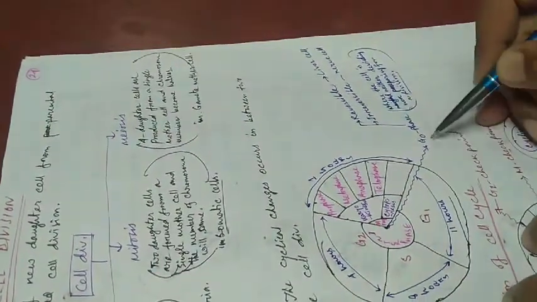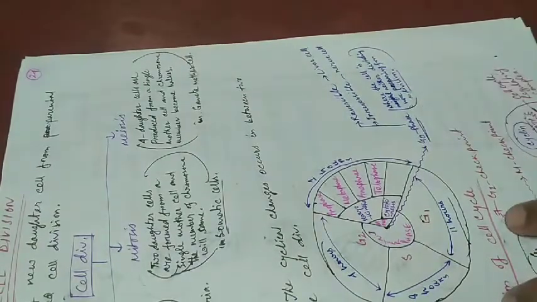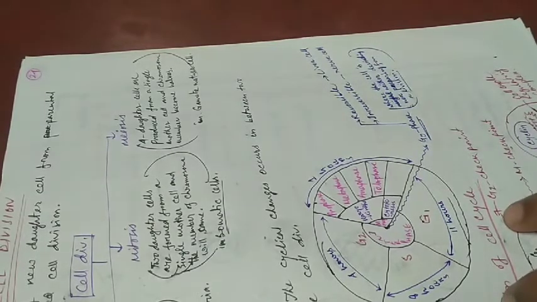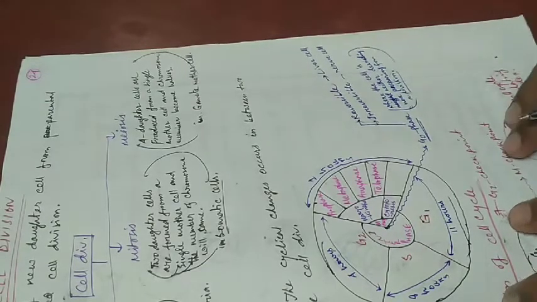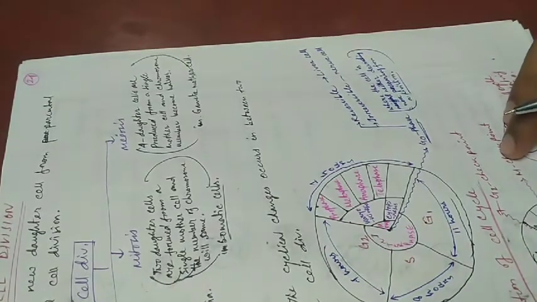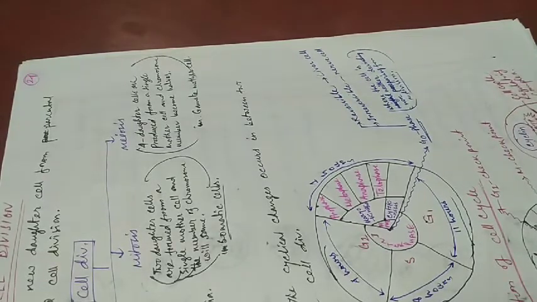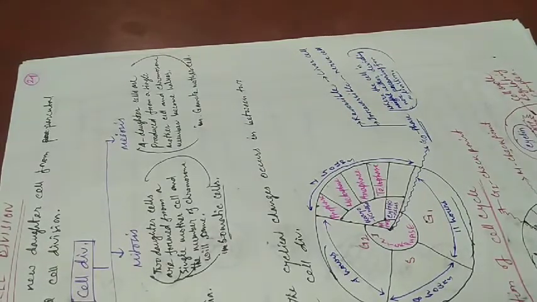Then the G0 phase. What is the G0 phase? The G0 phase, or resting phase, is present at the starting point of the G1 phase. We can also say the G0 phase is present in between the M phase and G1 phase.